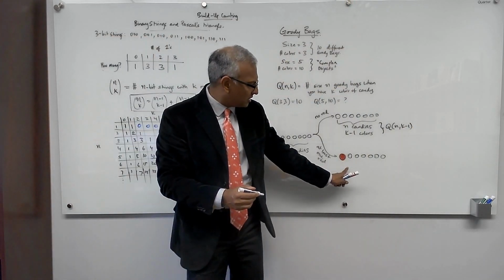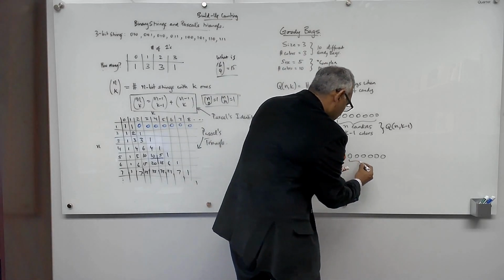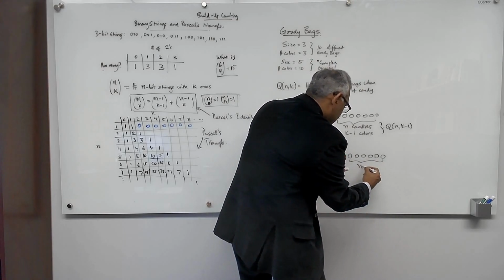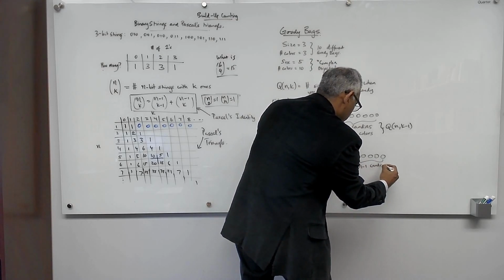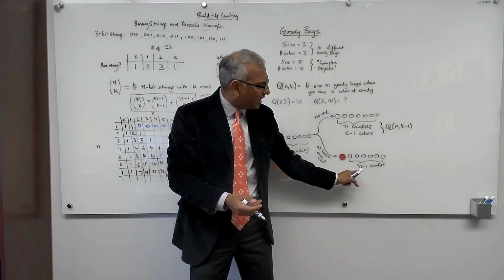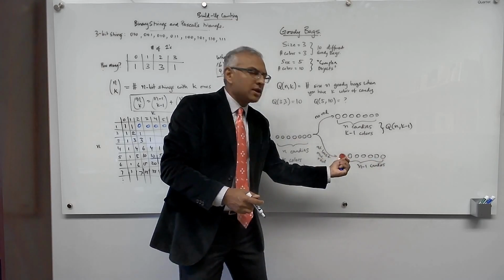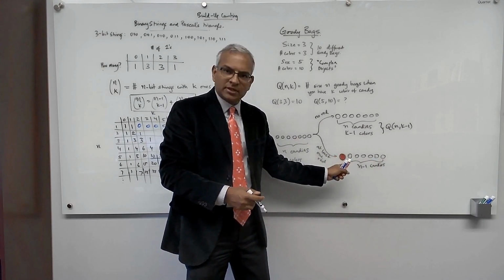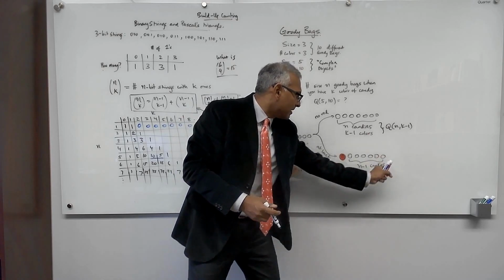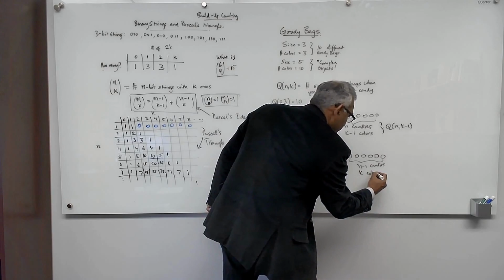Now, what about this type of goodie bag? Well, it has one red candy that we know, and then there are n-1 other candies. And there can be all k colors in here. In fact, you get any n-1 candy goodie bag with k colors, and now add one more red candy, and you have a goodie bag of this form. So these n-1 candies can use all k colors.